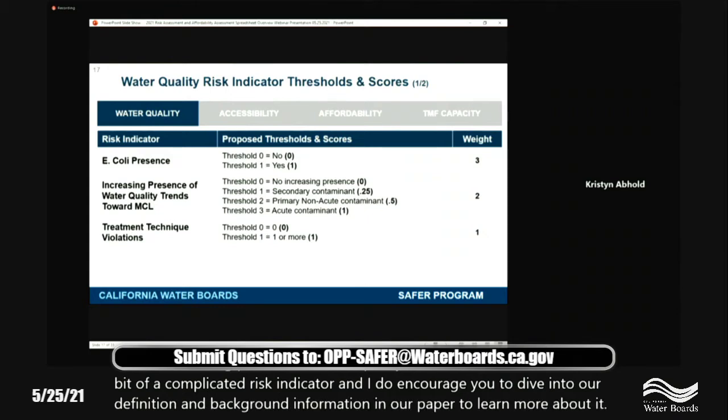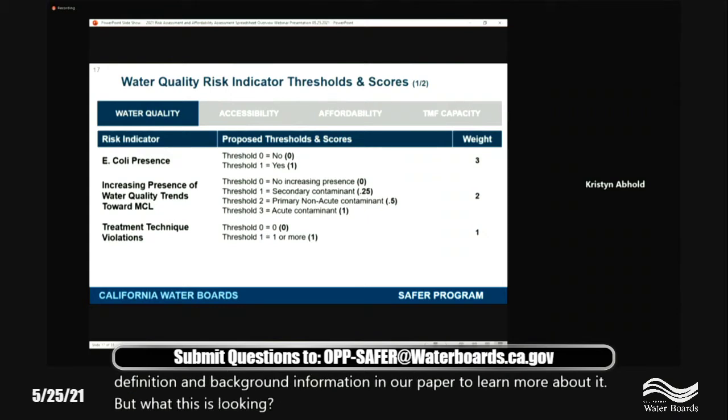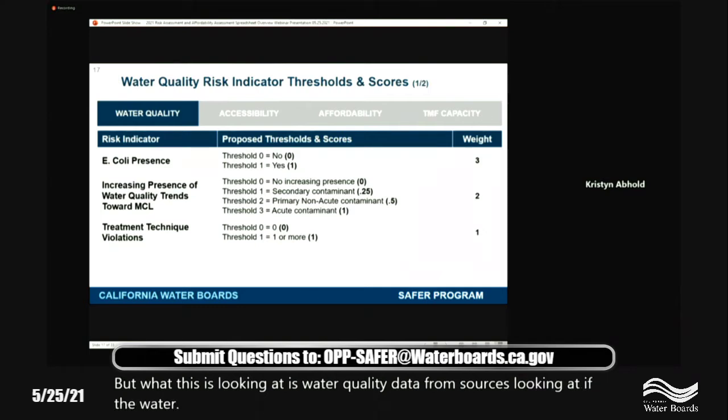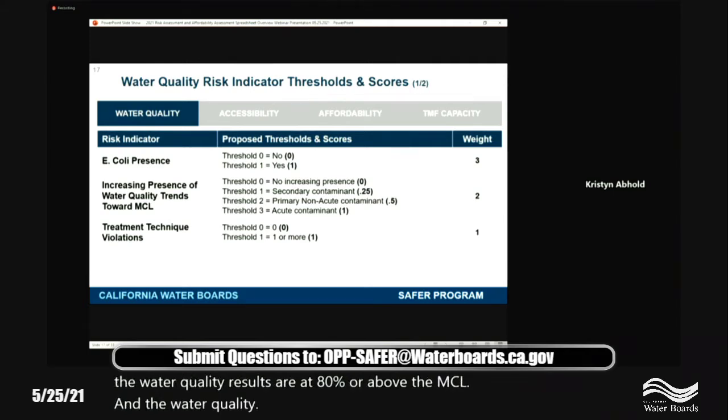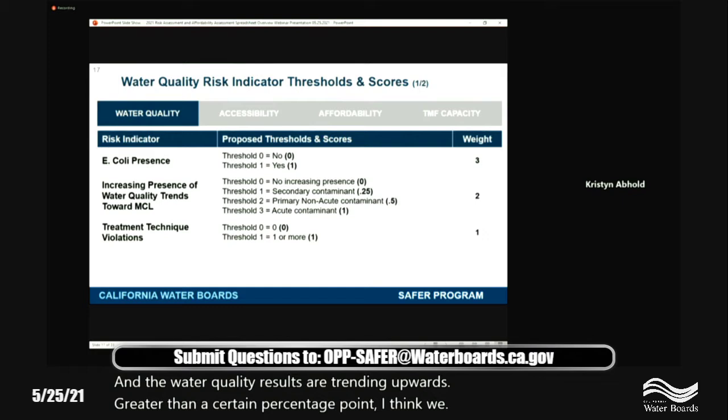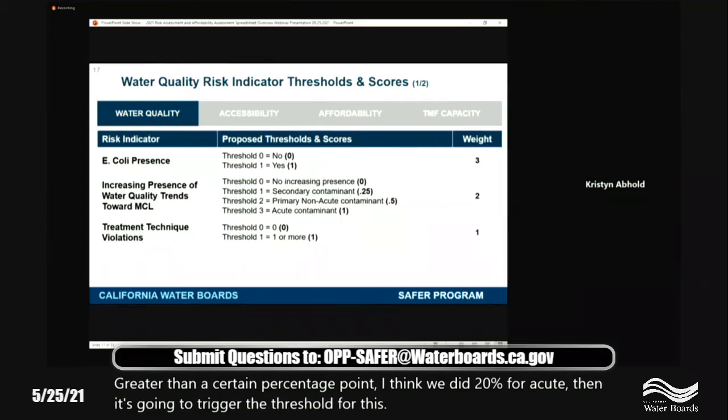But what this is looking at is water quality data from sources, looking at if the water quality results are at 80% or above the MCL, and the water quality results are trending upwards greater than a certain percentage point. I think we did 20% for acute. Then it's going to trigger the threshold for this indicator. So let's do an example.